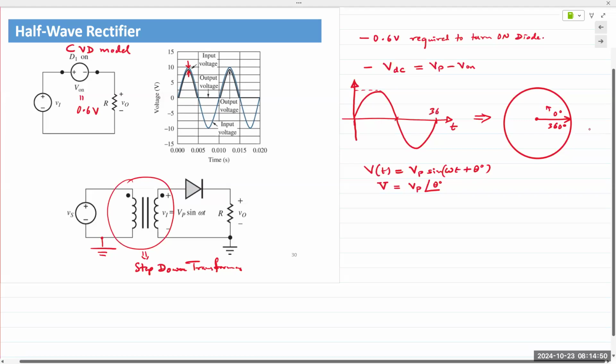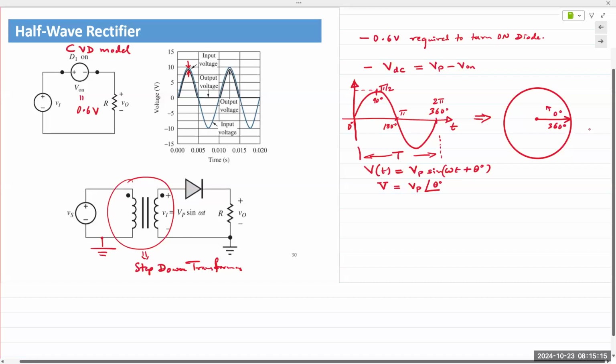This is 360 or 2 pi. And this is pi or 180 degrees. Pi by 2, 90 degrees. And this is, of course, 0. And then this is one full time period T. Right?